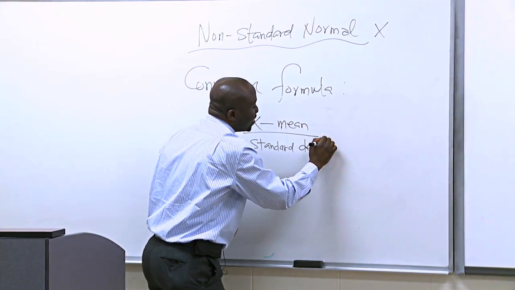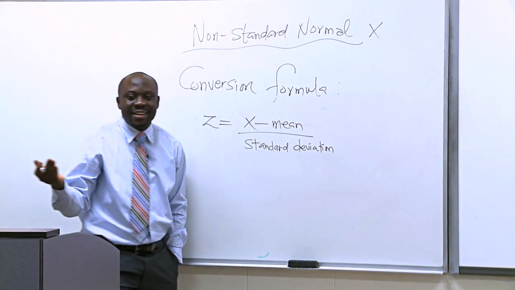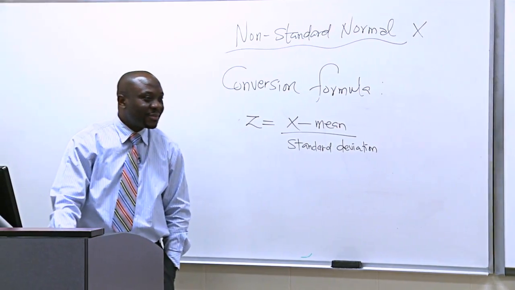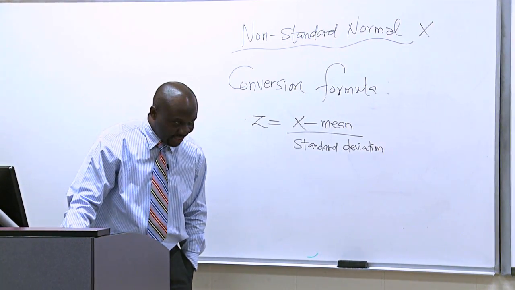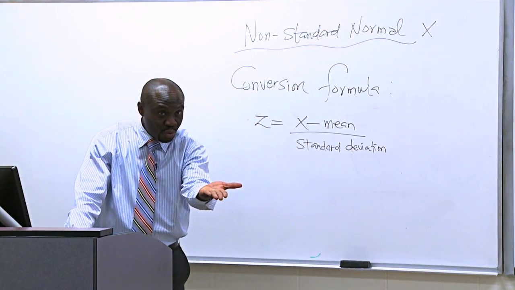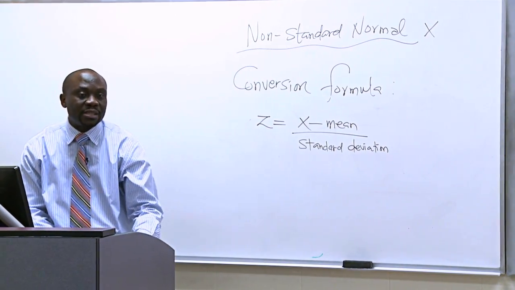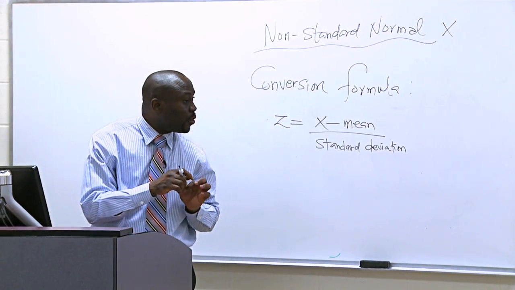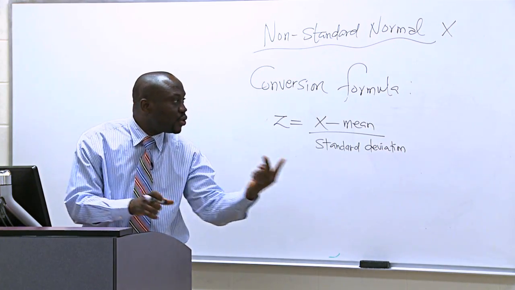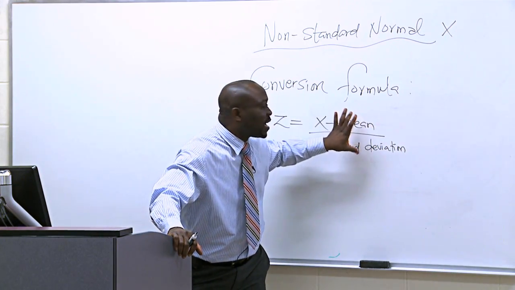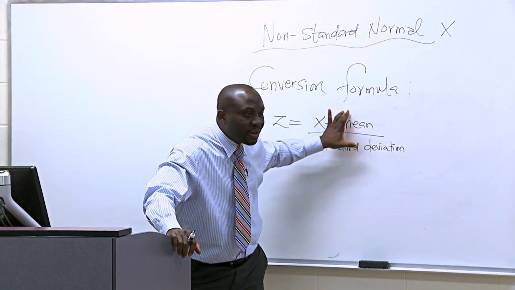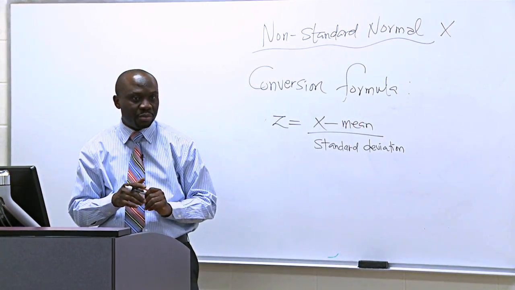Again, these two: the mean and standard deviation are the same ones we've been dealing with all along, which will be given to you. I told you last week that as long as you are told that you have a normal distribution, these two parameters cannot be missing, because without these two, it ceases to be a normal distribution.